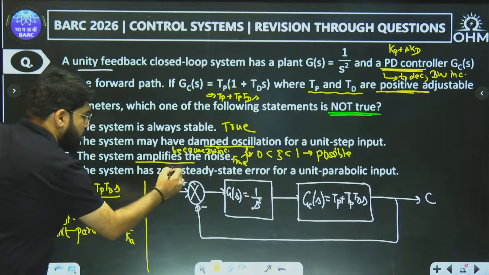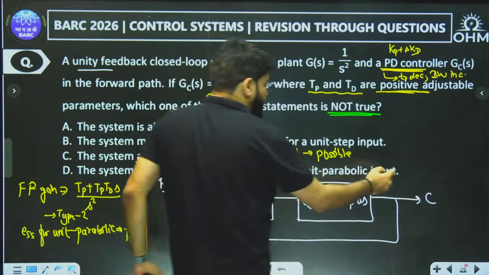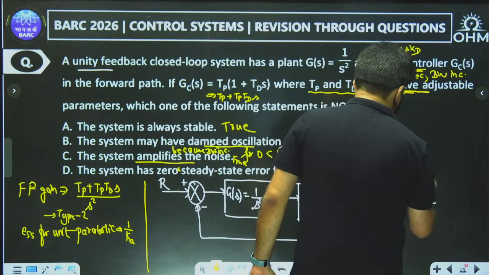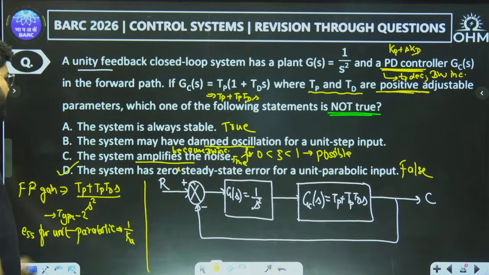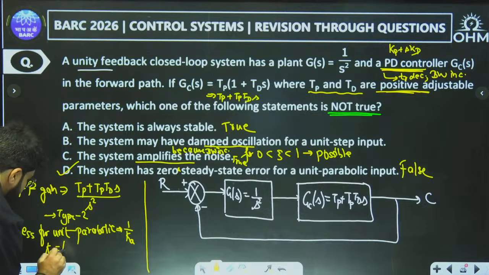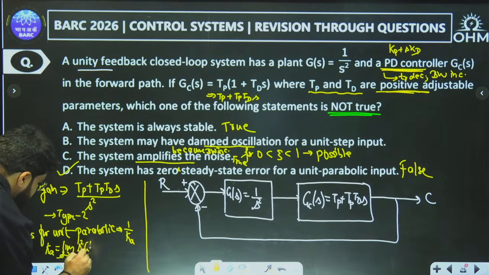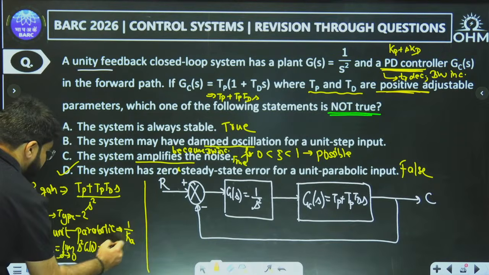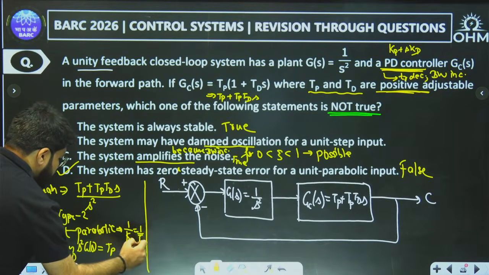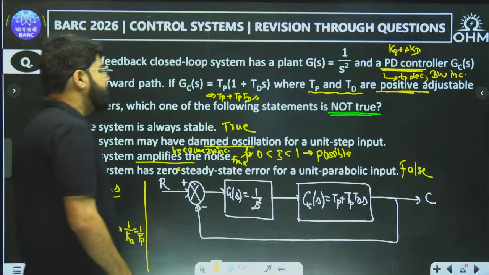This is wrong. This is the false option, option number D. They are not asking for the error. If they ask for the error, you have to calculate Ka. If you simplify, you will get limit S tending to 0 of S square into G(S). When you multiply, S square cancels, S tending to 0, only TP will be left, and the error will be 1 by TP.